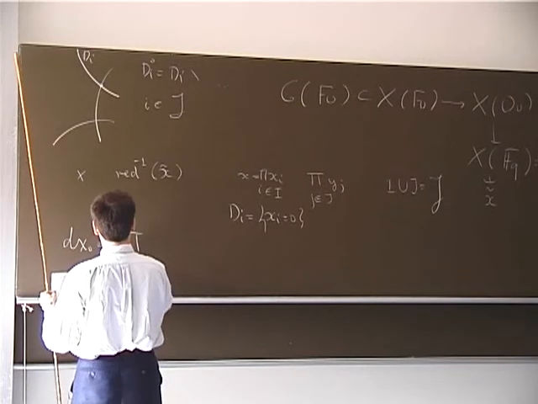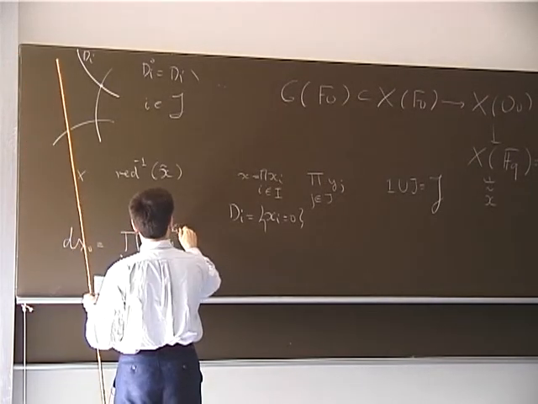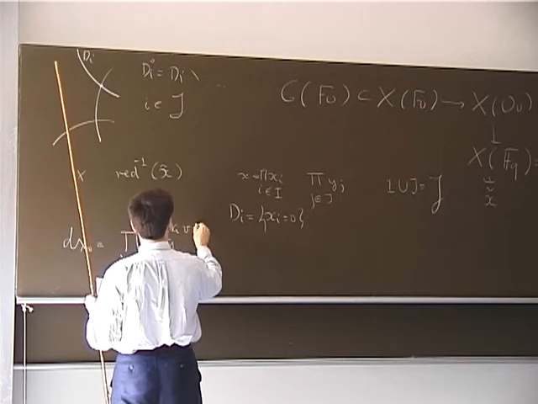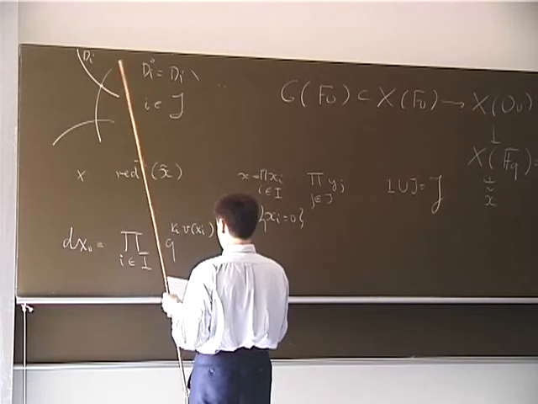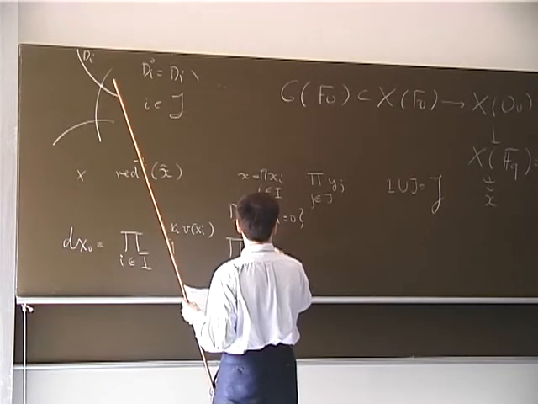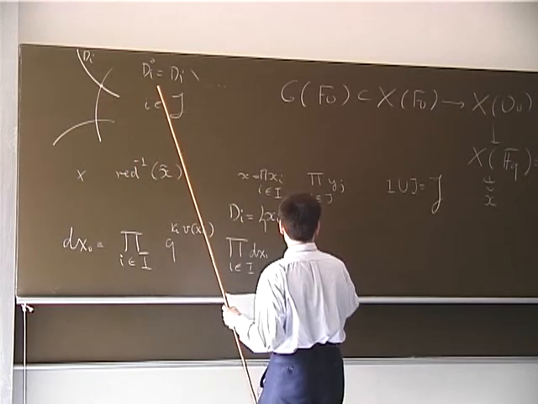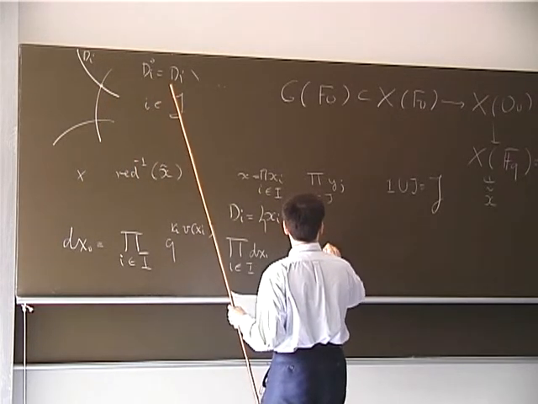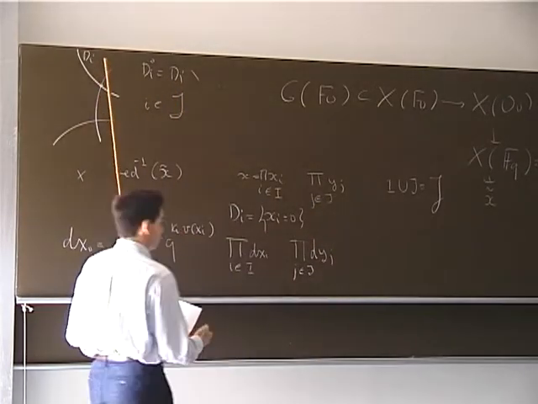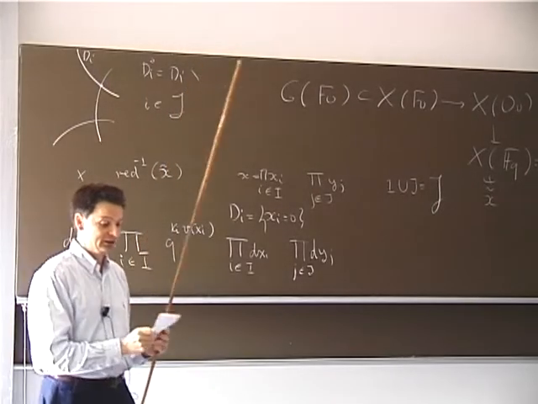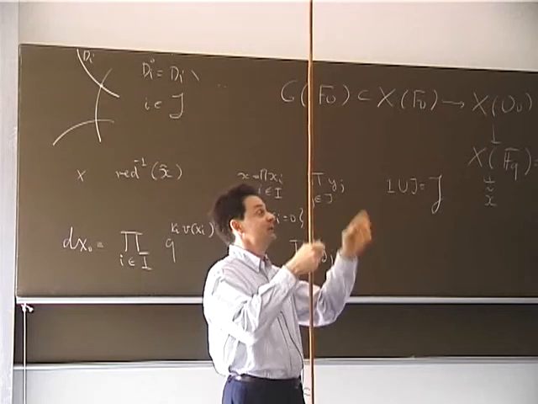So it is the product over i in I of q to the kappa_i times the valuation of x_i, and then the product of the dx_i, i in I, and the product of dy_j, j in J. So when you do change of variables, like in real analysis, you have a Jacobian matrix.